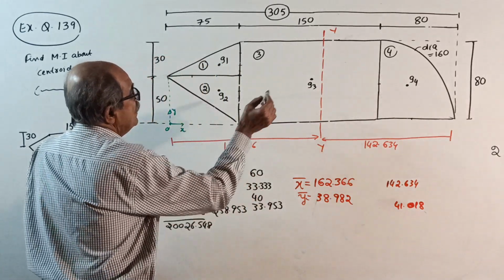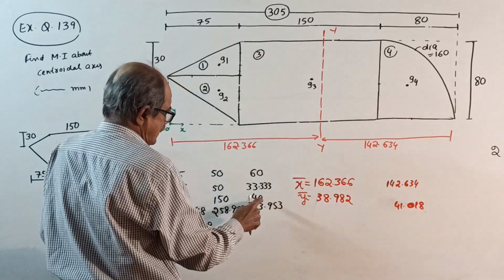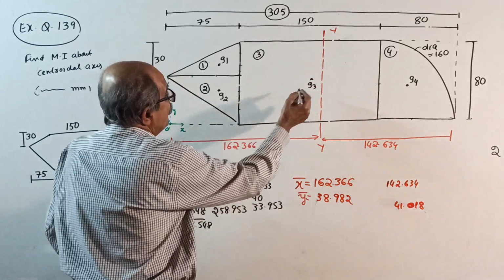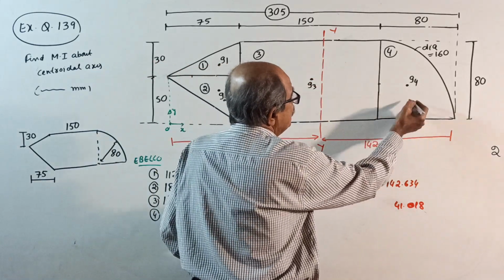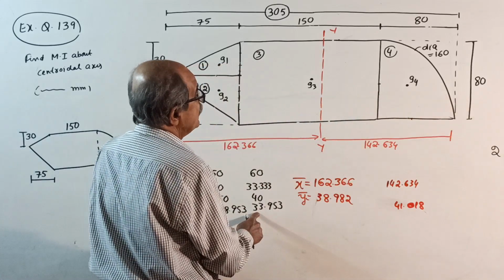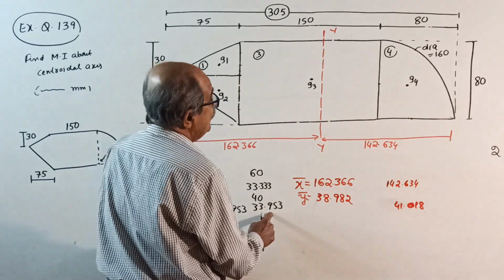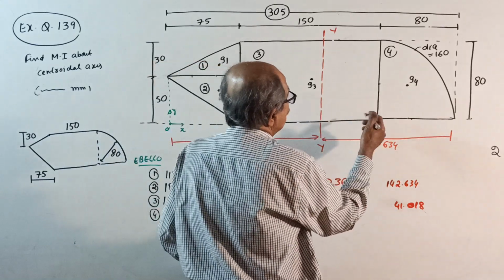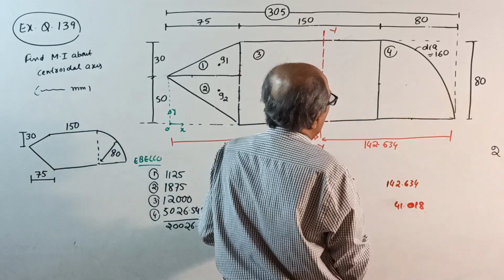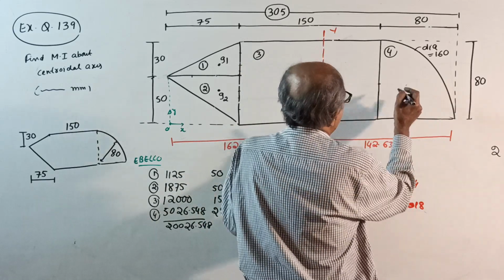See, from here to the centroid is how much? 40, a little before. From here to the centroid of this quadrant is 33.953. This is 40, so it should be a little down. Not too much down, a little down.